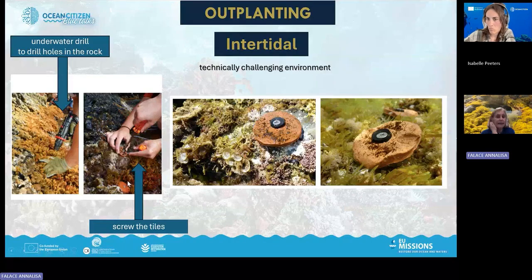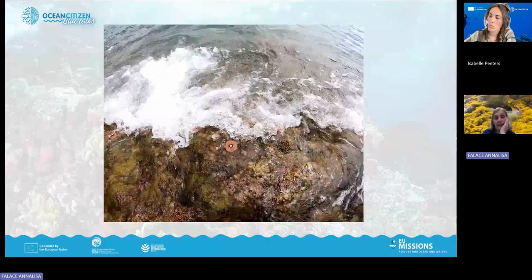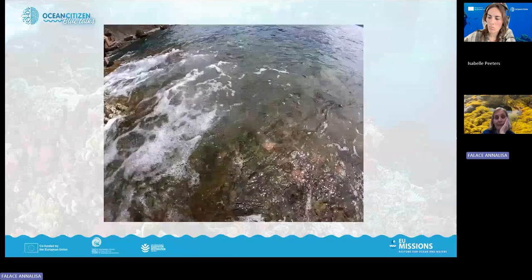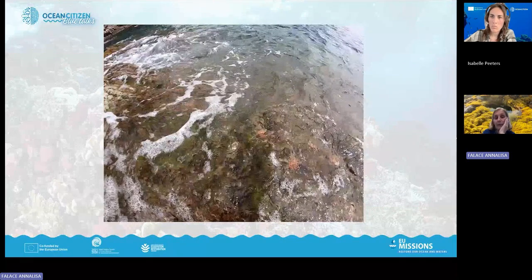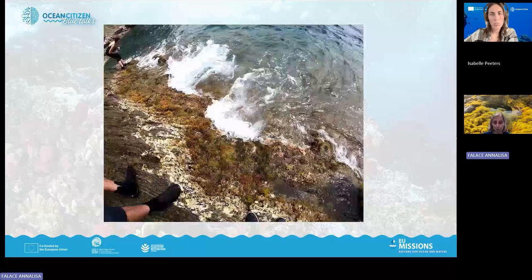Here is a small video where you can see the outplanting, in this case in Liguria, and these are the tiles with Ericaria pentacea, an endemic Mediterranean species that we have restored in several areas of the Italian shores. So you can see here we are in the intertidal.